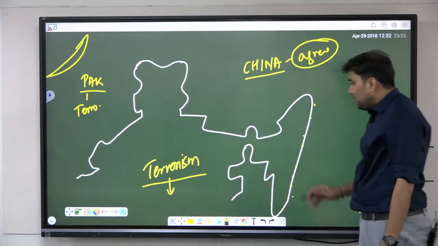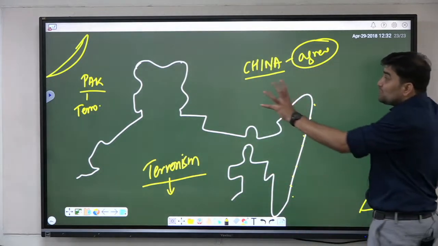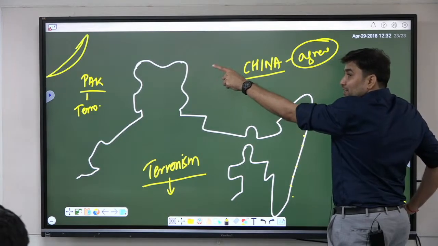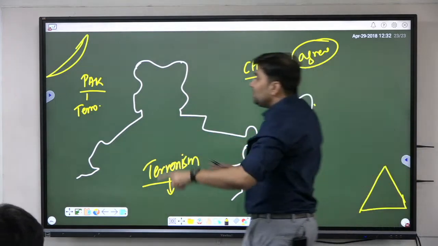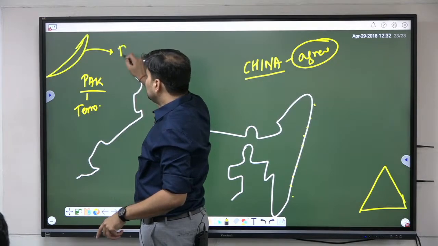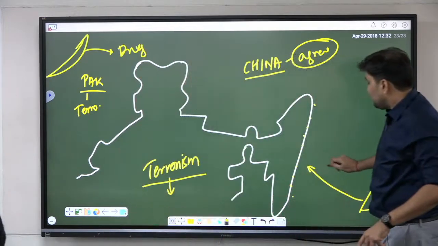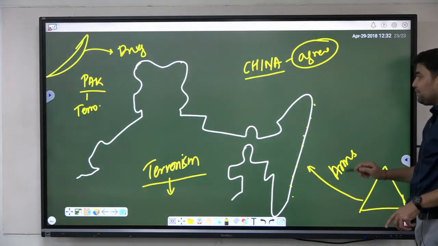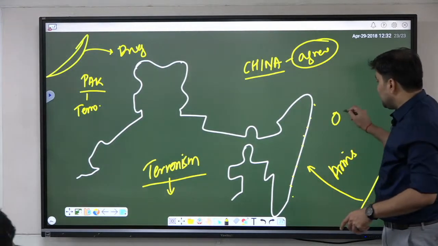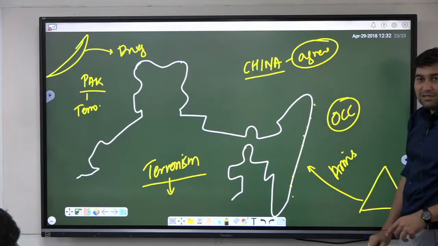If you try to understand, India is sandwiched between the Golden Crescent and the Golden Triangle. From here, we have multiple drugs, fake currencies, etc. And here we have arms, etc. Plus there are organized criminal linkages.